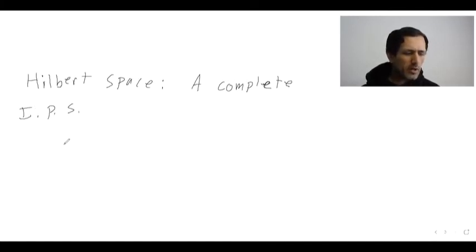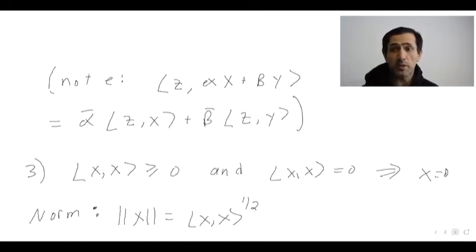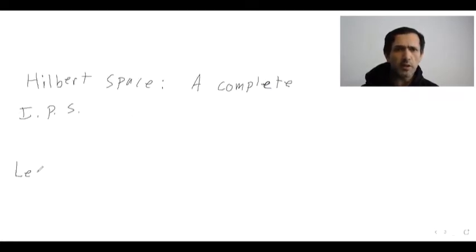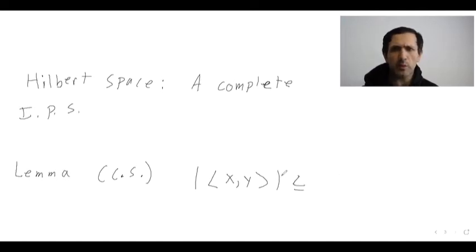Okay, so I want to prove that actually this defines a norm. That's pretty easy. To do that, first we need the following lemma, which is, as you probably know, called Cauchy-Schwarz, and this will be for homework. So in any inner product space whatsoever, real or complex, we have the following: the modulus of (x, y) is less than or equal to the norm of x times the norm of y.